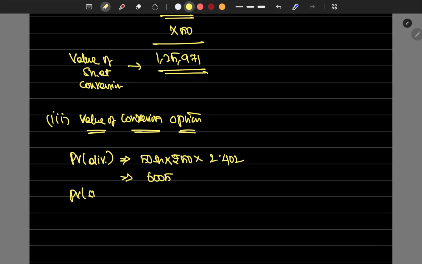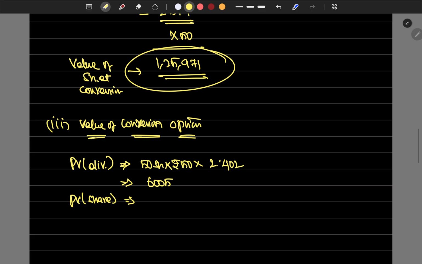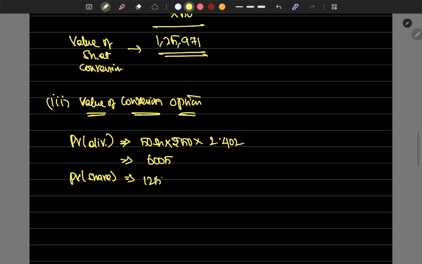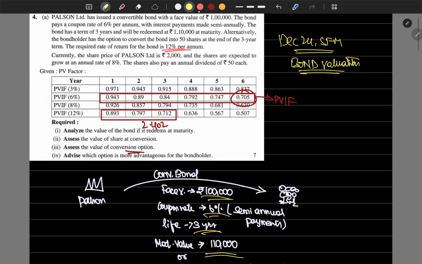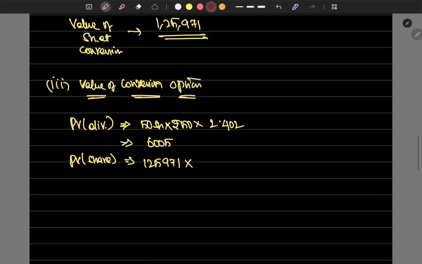What's the present value of shares? The share value, which is what we are going to get considering the growth factor: 125971, and we have to use the PVIF, in the sense only the third period value, which is 0.712.